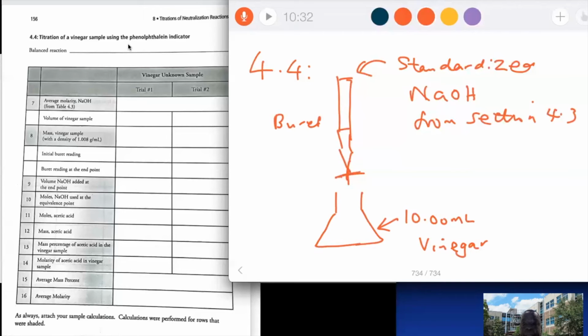From the instructions, read the background. The average molarity from section 4.3, you're just gonna bring it here. The volume of vinegar here is 10 ml.